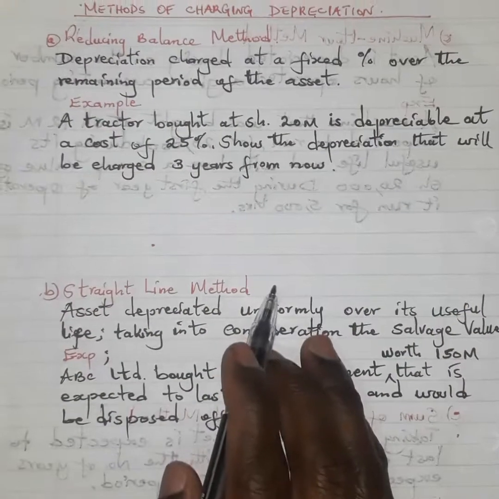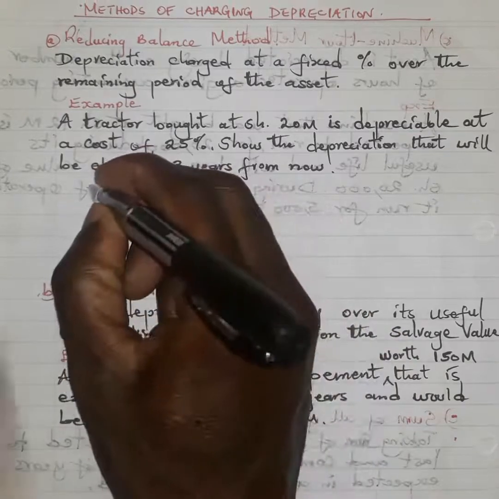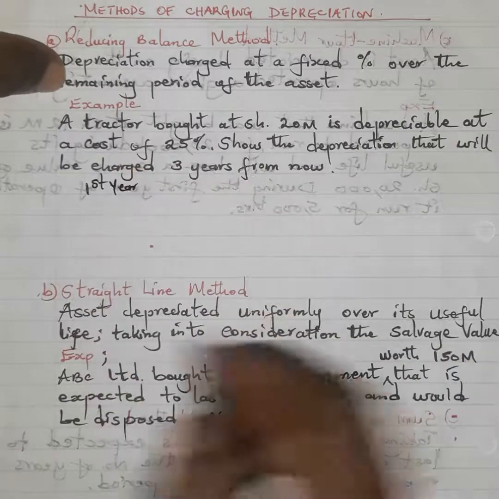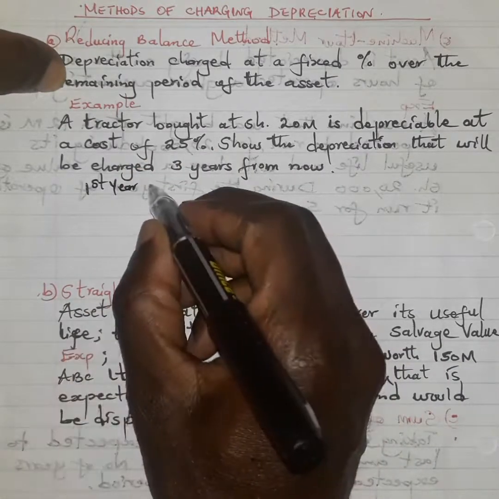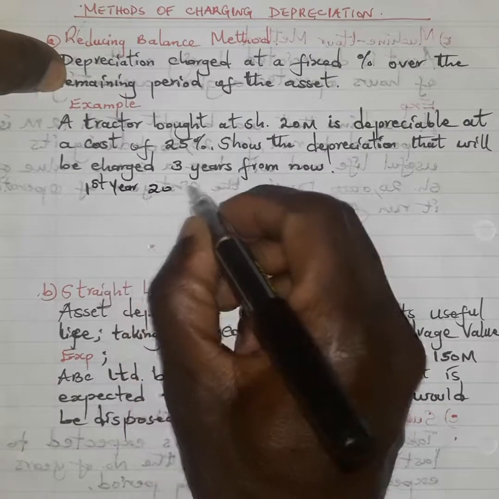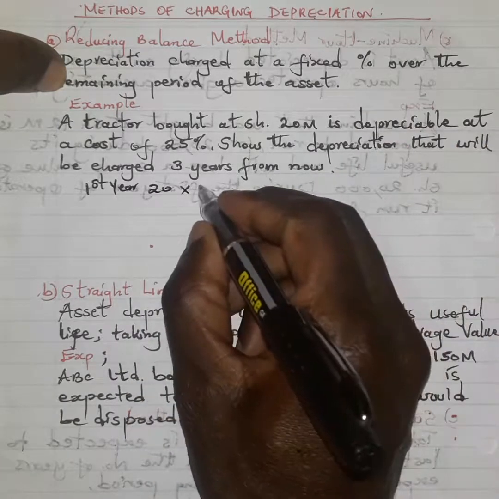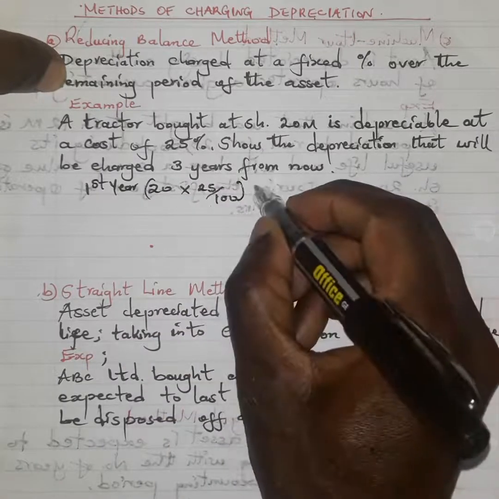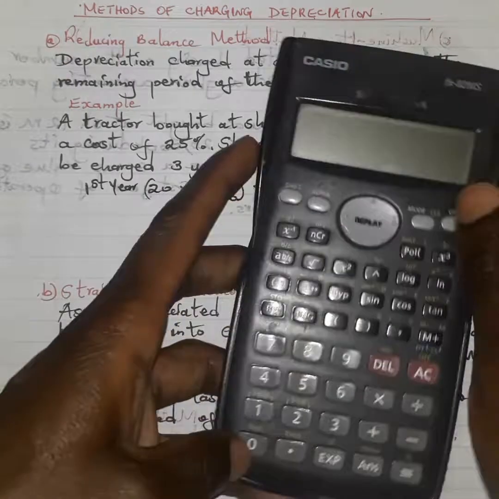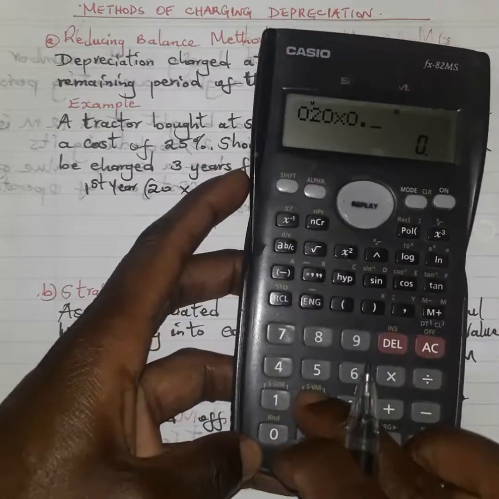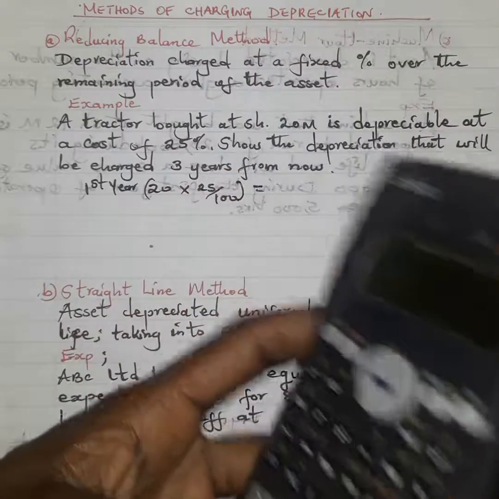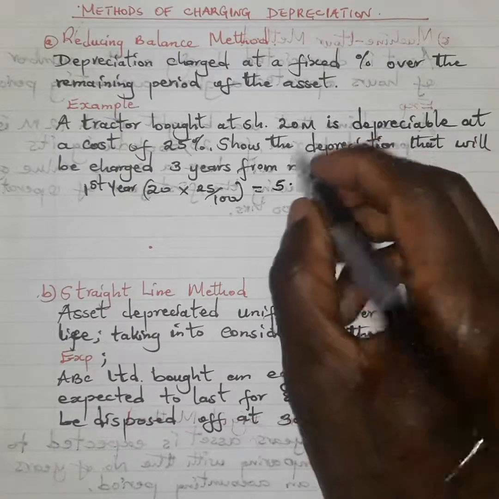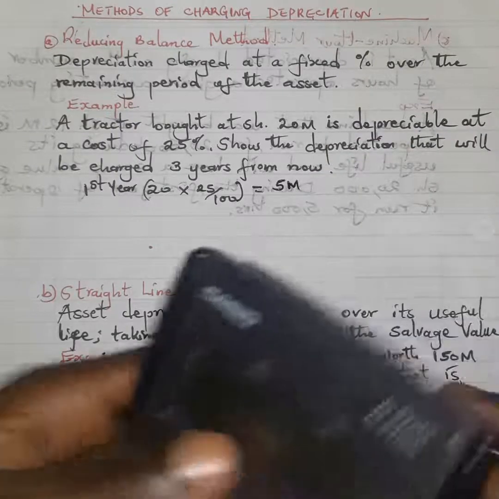The depreciation of the first year will essentially be 20 million times 25%. 20 times 0.25, we get a value of 5. So the value charged as depreciation for the first year is 5 million.